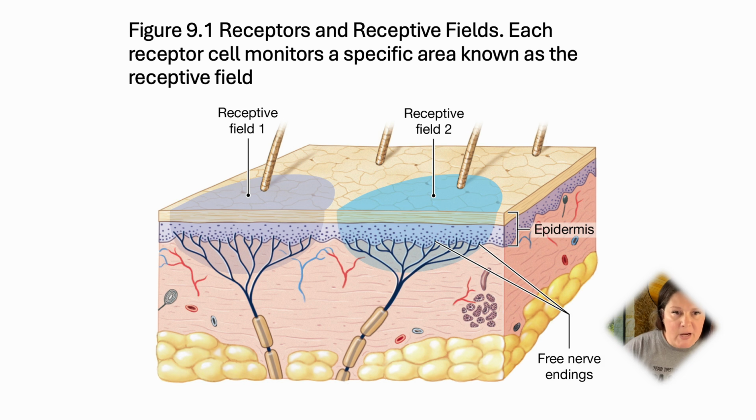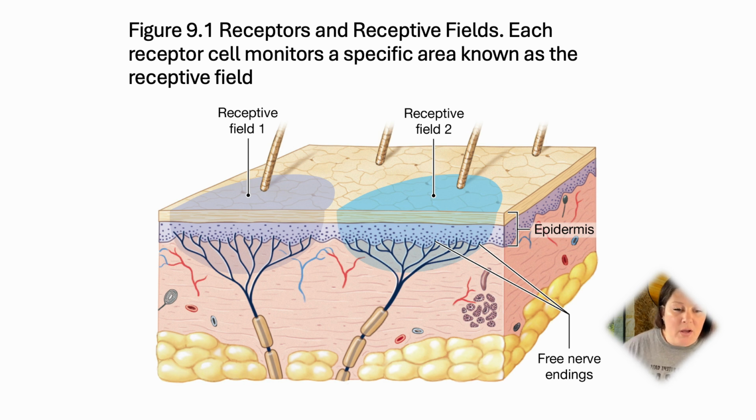The other thing to take note of is the idea of receptive fields. Note here we have one receptive field and two receptive fields, and they are each connected to a nerve ending or a branch of nerve endings that are going to converge and communicate that information back to the central nervous system.